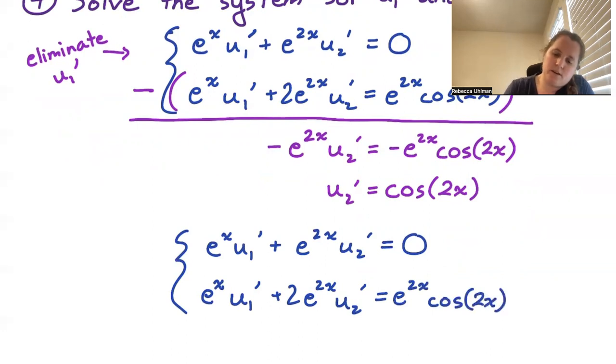If I multiply the first equation by negative 2, we can eliminate u2'.